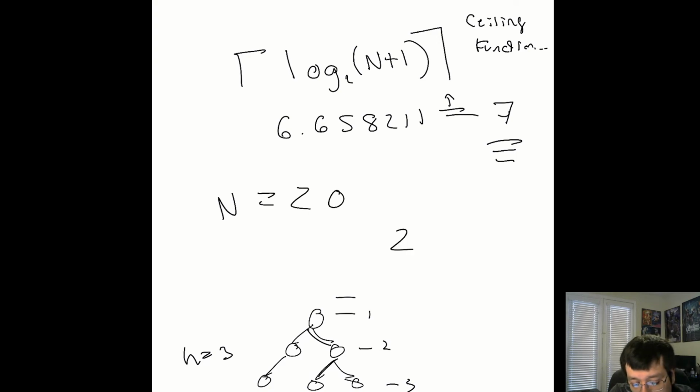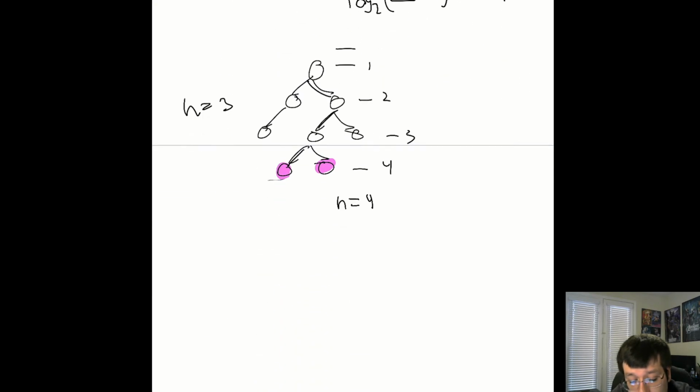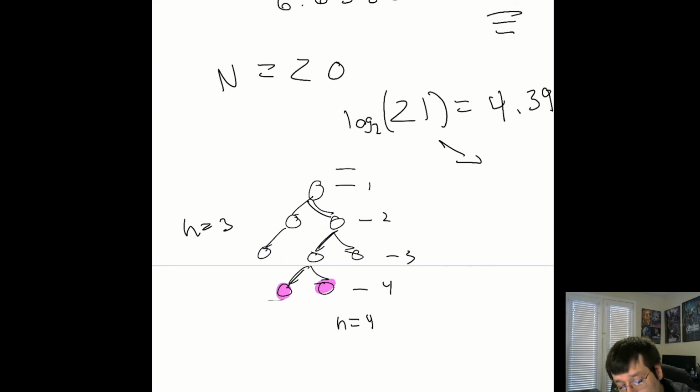20 is going to be the log of 21. So let's see what that is equal to. I want to see the actual exact number. 4.39. So that becomes 5. So that's saying that we need 5 for that.